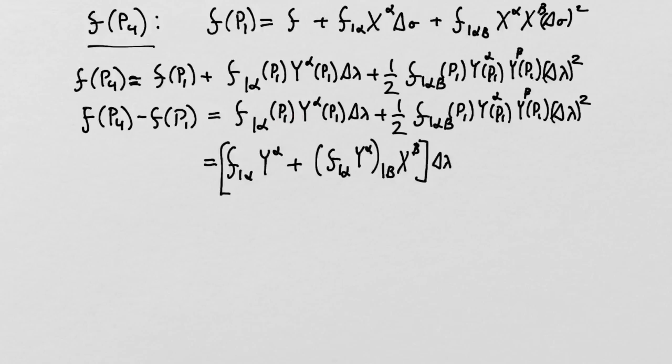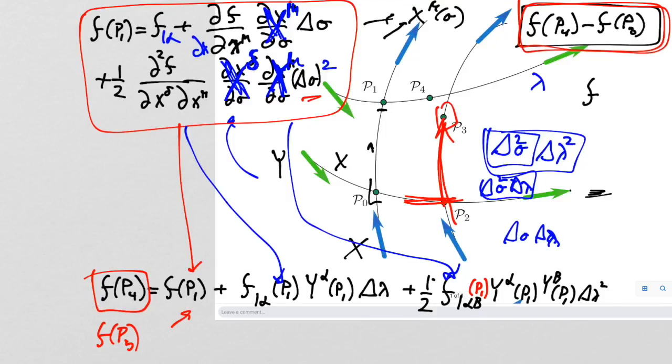And that expansion looks like this, where we take the value of that combined function at P0, and we add to it that function's derivative with respect to beta times the gradient vector x beta multiplied by the same delta, not delta lambda in this case. In this case it's delta sigma. The reason is we're starting from P0, and sigma is the parameter of this x vector field's curve.